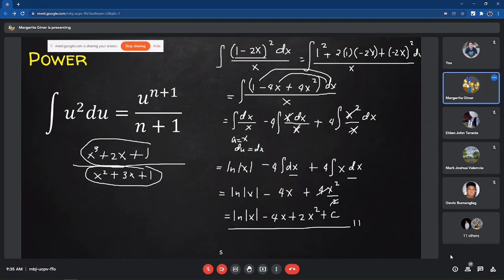Remember? Our formula is du over u equals ln x plus c. So the u is the denominator, which is x, and the du is the derivative of x, which is dx. So if you see it, dx over x matches u, du over u. Meaning to say, this is ln when you solve the antiderivative.